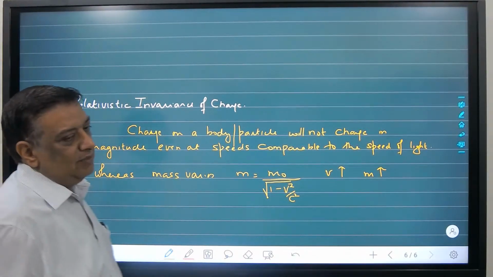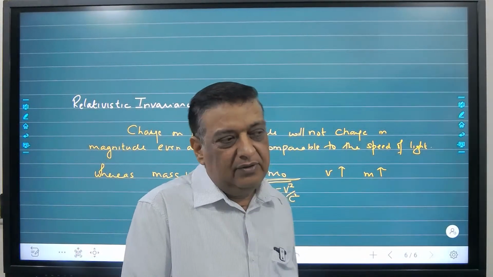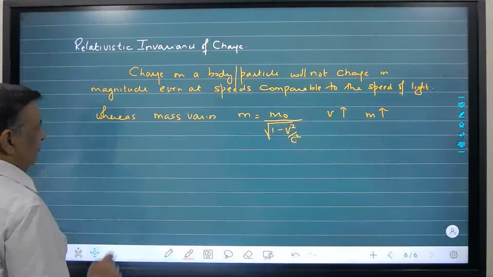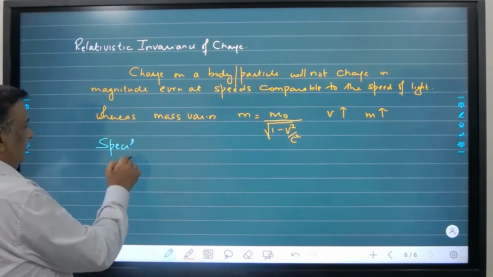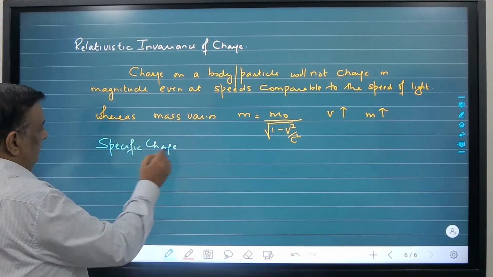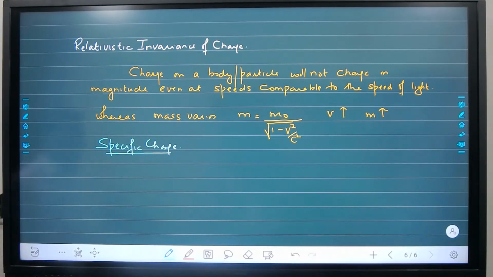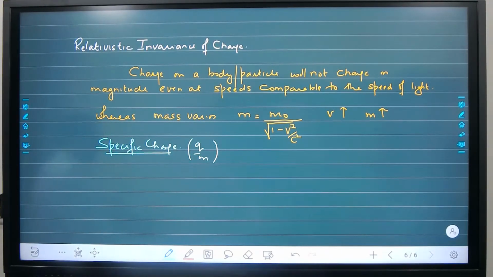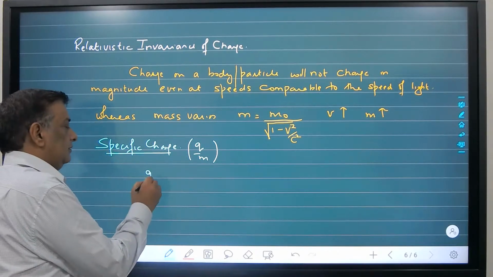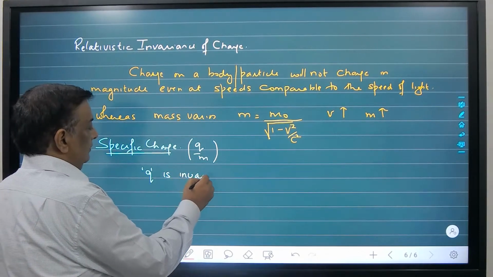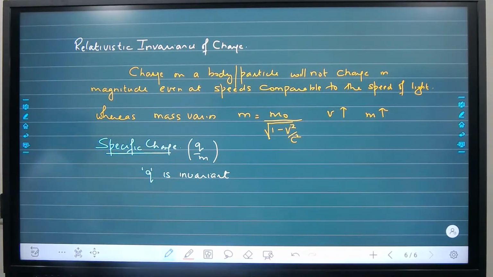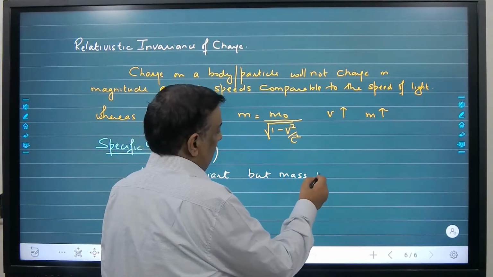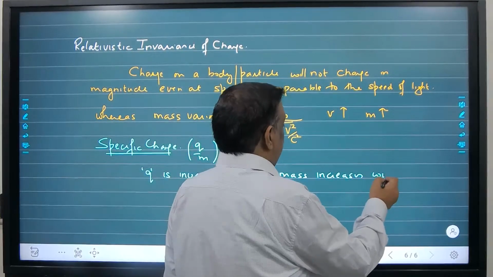Sometimes in board exams, they ask about the specific charge rather than charge. Specific charge is different from charge. Specific charge we call q by m, the charge to mass ratio. We are saying that q is an invariant quantity, but mass increases with speed at relativistic speeds.